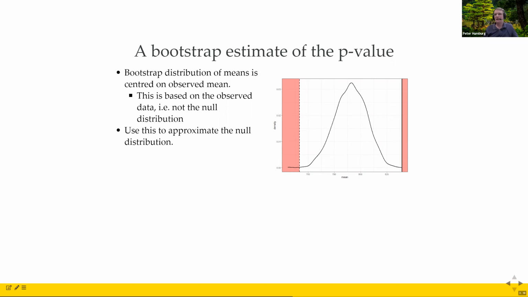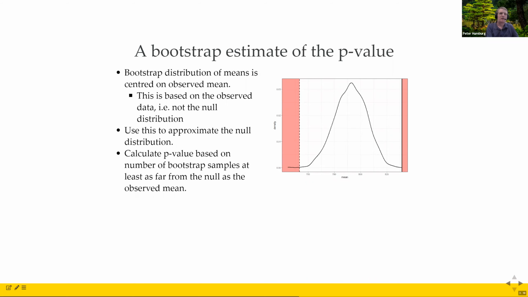And that's all fine as long as we think it is reasonable to believe that the general shape of the null distribution is the same as the distribution that we observed, basically. And if that is vaguely true, then we get a reasonable approximation of the null distribution of these means.